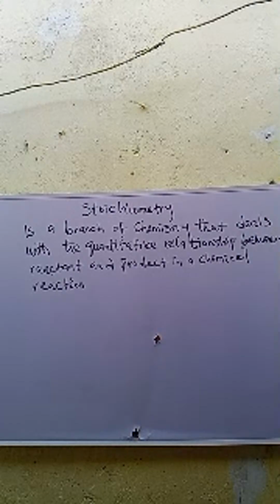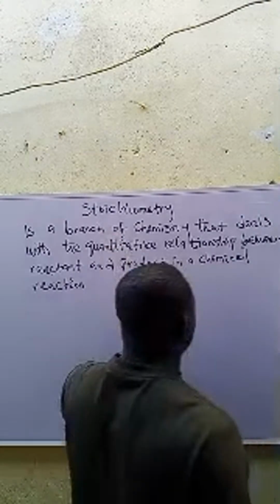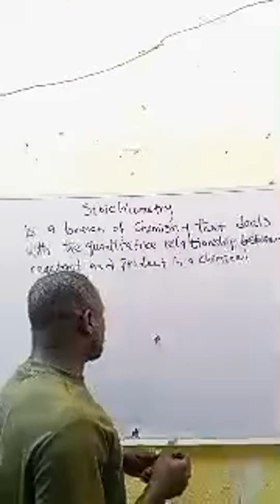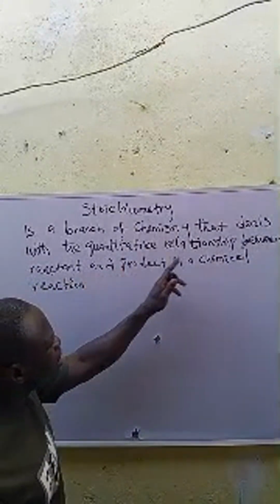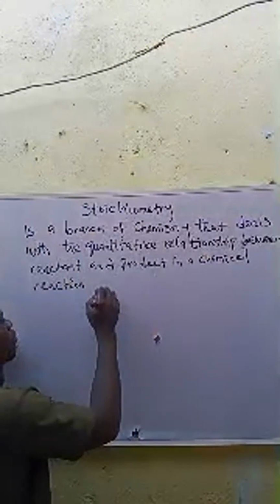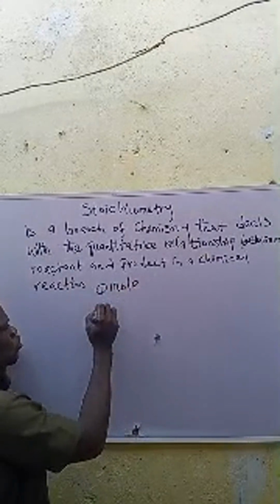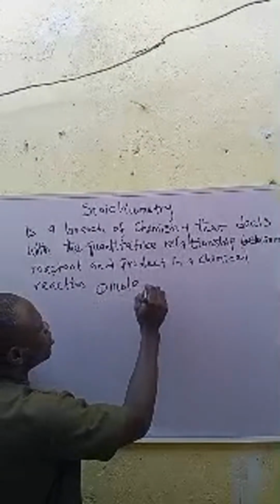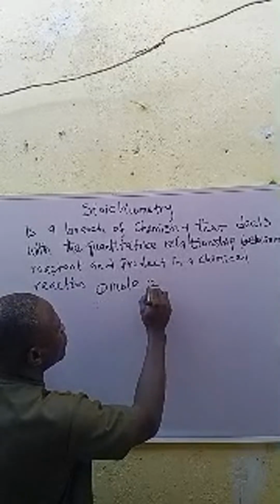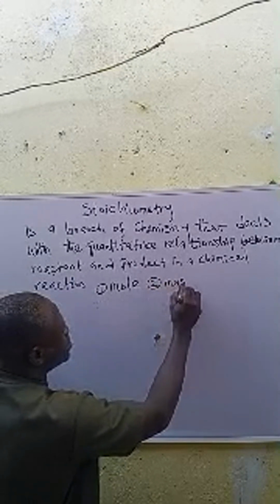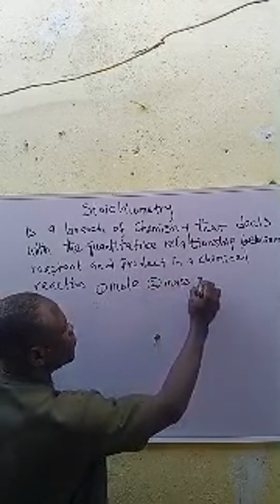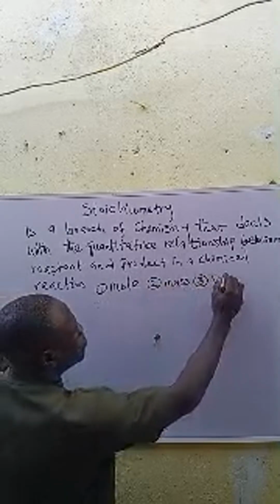Now, like I said, for you to be able to understand this topic, there are various things that you need to know. Number one, we have mole. Number two, we have mass. Number three, we have volume.